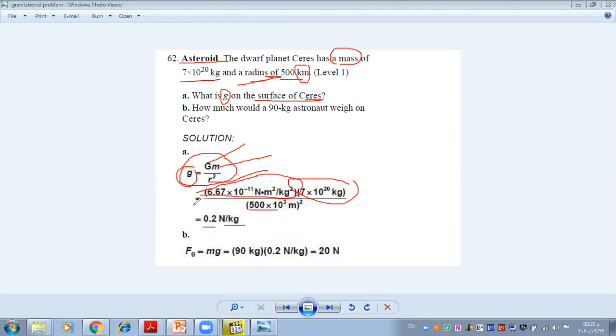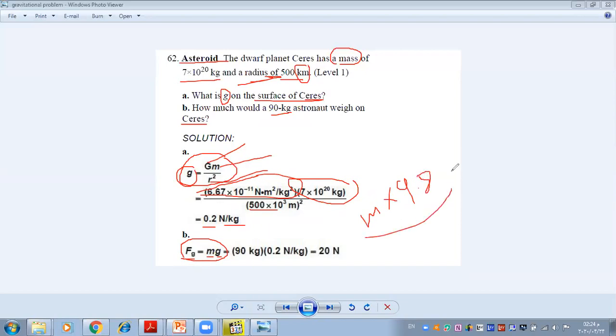If you put any object here, see here: how much would a 90 kilogram astronaut weigh on Ceres? We calculate it as usual, the weight of any object, W equals mass times g, right? On Earth we did mass times 9.8.